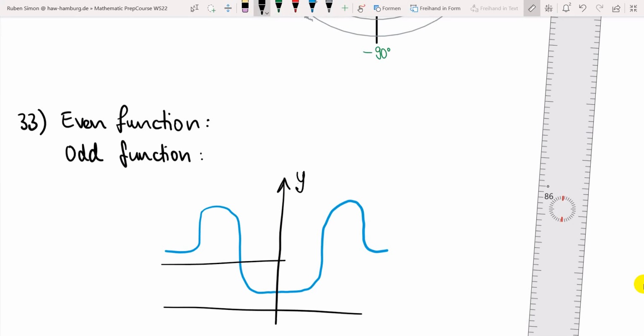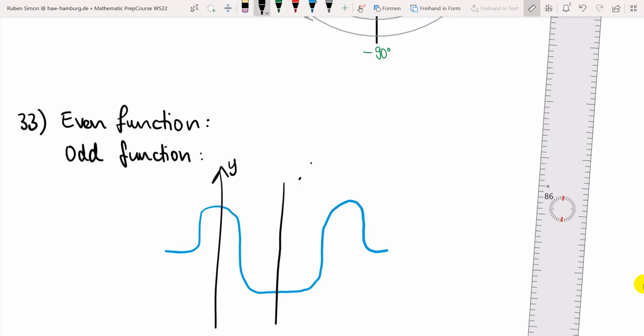But the HAW definition of an even function says that the function graph needs to have the y-axis as its symmetry axis. Some other definitions don't really require the y-axis to be the symmetry axis. So the y-axis could also be here and it would still be called an even function because it has this other vertical line as the symmetry axis. But at the HAW, it's only called an even function if the y-axis itself is the symmetry axis of a function.